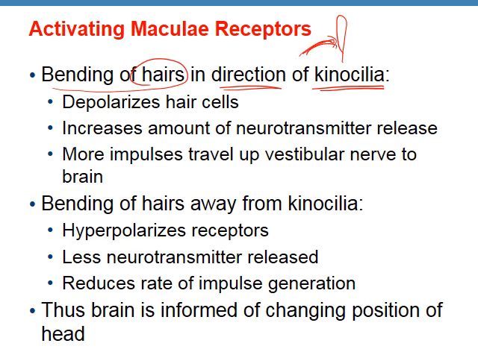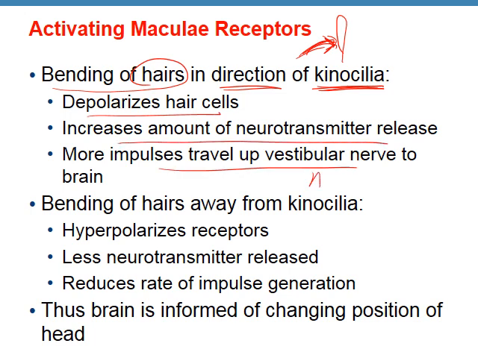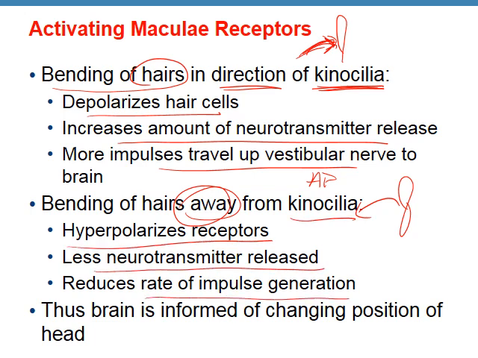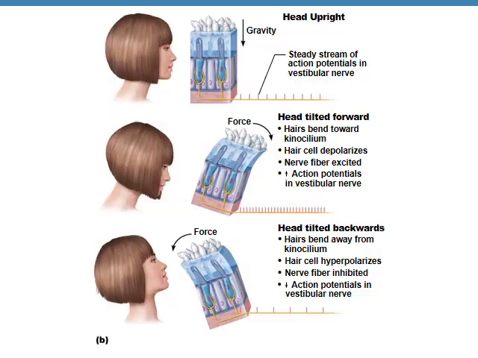If the stereocilia bend towards the kinocilia, you depolarize the hair cells, increase the amount of neurotransmitter, and we generate an action potential. If the hairs bend away from the kinocilia, it hyperpolarizes the receptor. You have less neurotransmitter, which reduces the rate of action potentials, and the brain is informed of the changing head position.